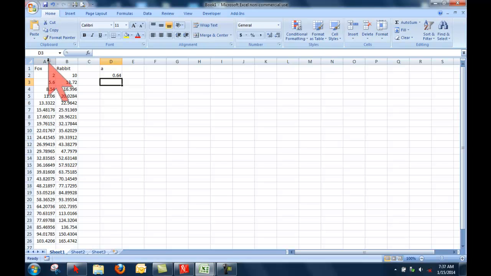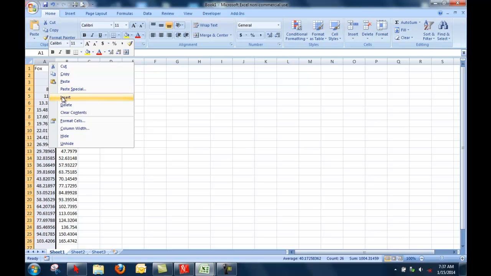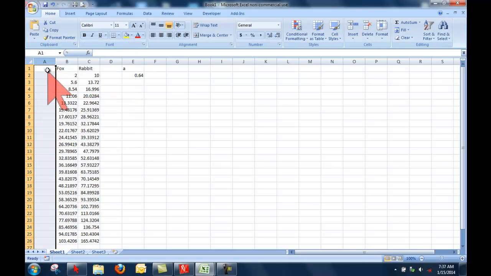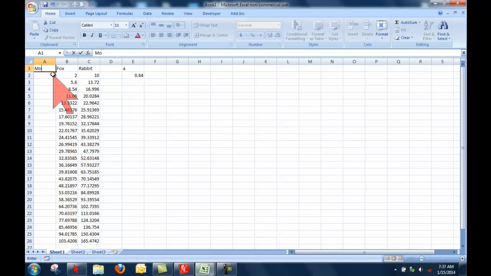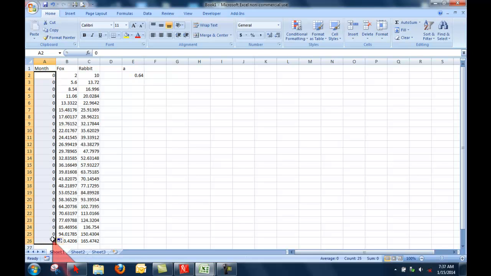And I realize now that I didn't make space for my time values, so we'll insert a column here, and this is month. And let's start with 0 and fill this down.